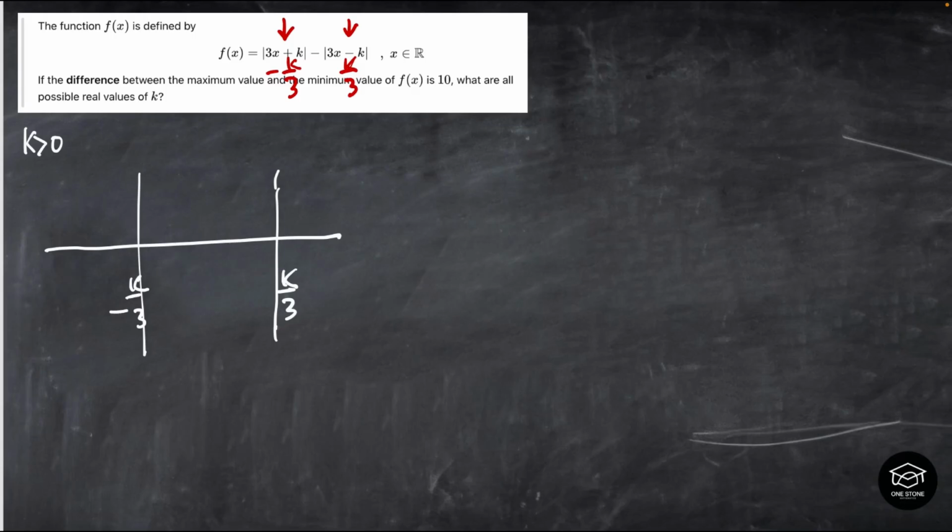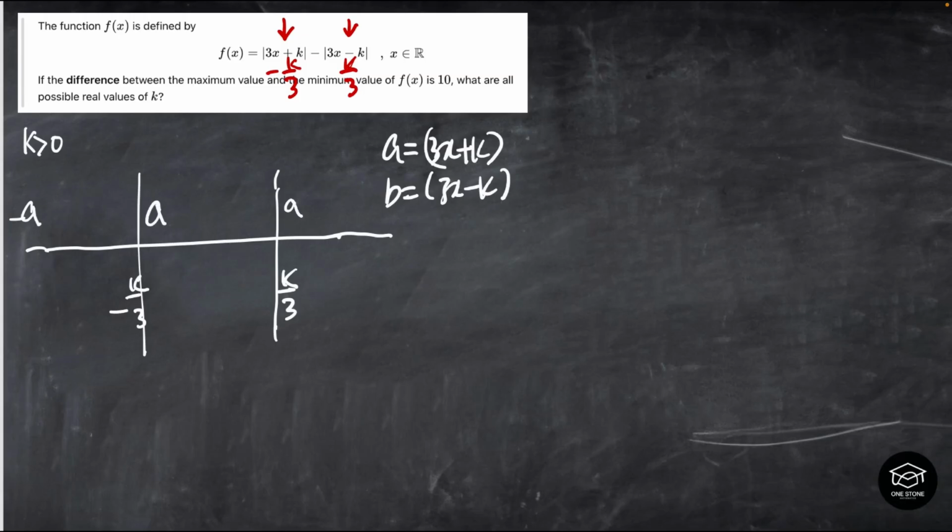Now let's understand how each absolute value behaves in these regions. Let's define a as 3x plus k and b as 3x minus k. When x is less than negative k over 3, a is negative, so the absolute value of a becomes negative a. For all other values of x, a is positive, so the absolute value of a is simply a.